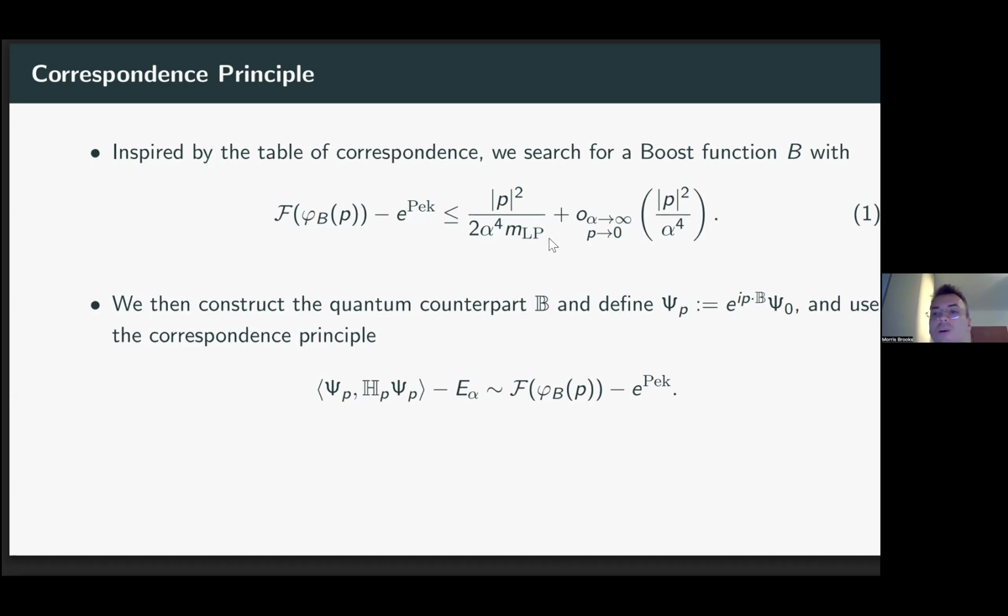And once you have this, you construct a quantum counterpart to this function B, and you take the unitary flow, and everything I've said until this point is basically the introduction of my paper.